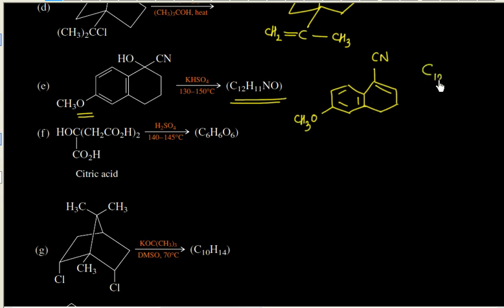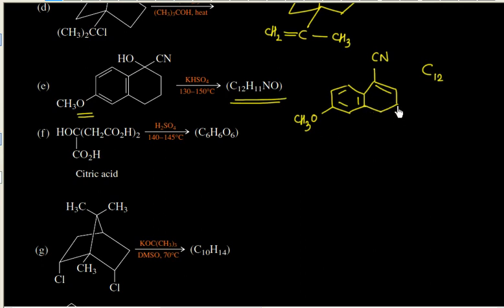So molecular formula C12. Hydrogen, how many you have? 3, and no hydrogen, 4 5 6, and here also you have no hydrogen, 7 8 9. You have 9 hydrogen. Let me check again. So this is 1 2 3, and there is no hydrogen, no hydrogen, no hydrogen, 4 5 6, and 3, 9. I am missing some hydrogen.